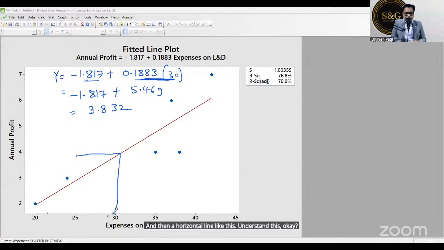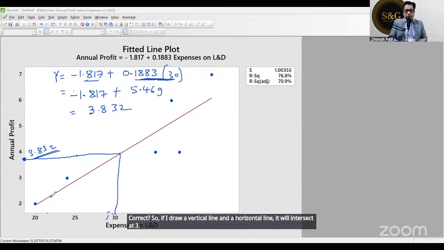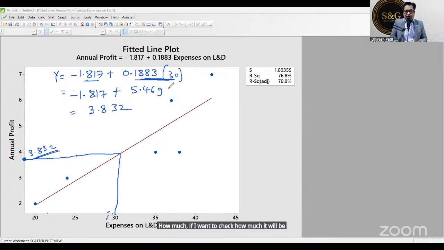Then I will get this point, which is nothing but 3.83, something like that. Correct? So if I draw a vertical line and a horizontal line, it will intersect at 3.83. If I want to check how much it will be at around 35, if I put 35 lakh rupees.